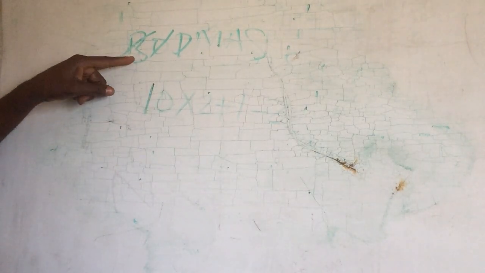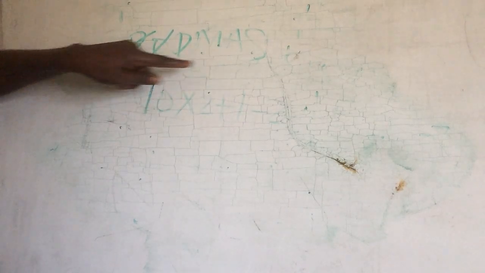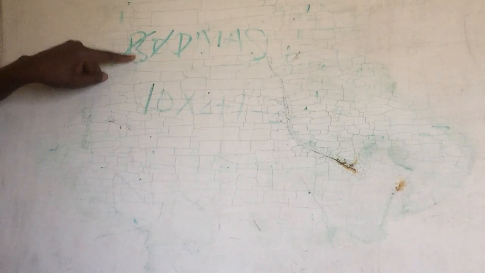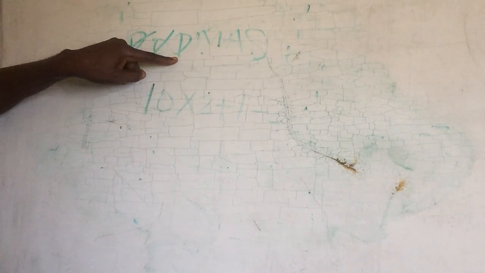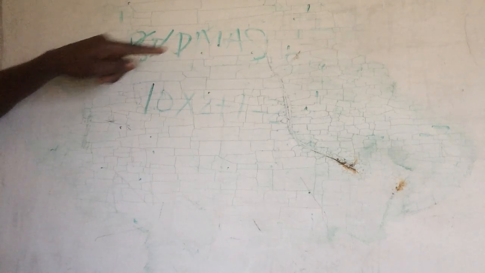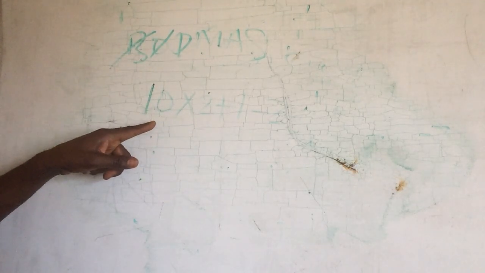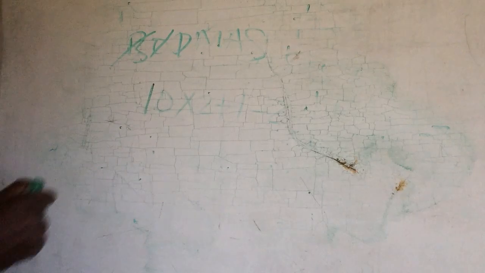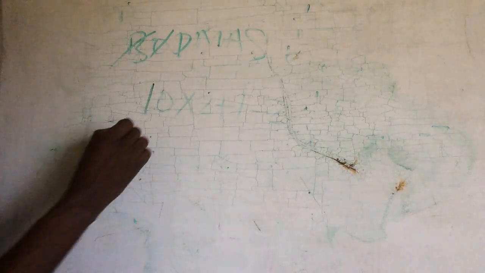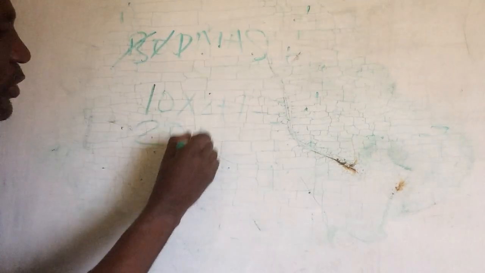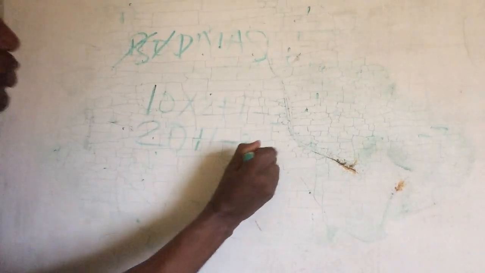You check your BODMAS. Bracket is not there, off is not there, division is not there. Next thing is multiplication, which is 10 times 2 is 20. Then plus 1 minus 2.